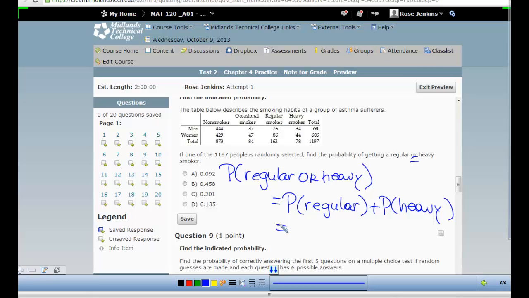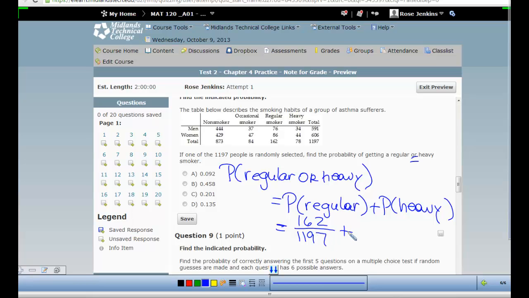We go back to our formula for classic probability. So we're going to look at the number of regular smokers, which is 162. We're going to divide that by the total number of people, which is 1,197.